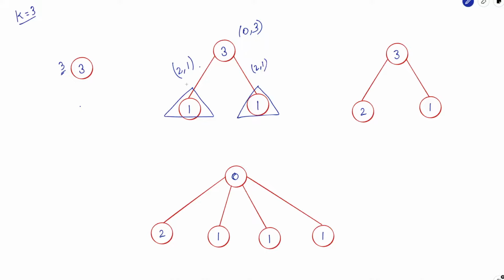Now what is the maximum possible sum? The maximum possible sum is to take the maximum one from here, take the maximum one from here, and take the maximum one from here. So the maximum possible sum is 7, right? Now is it possible? So this depends on what you have taken. So see, you have taken this one here, that is, you have said that I have taken an edge.